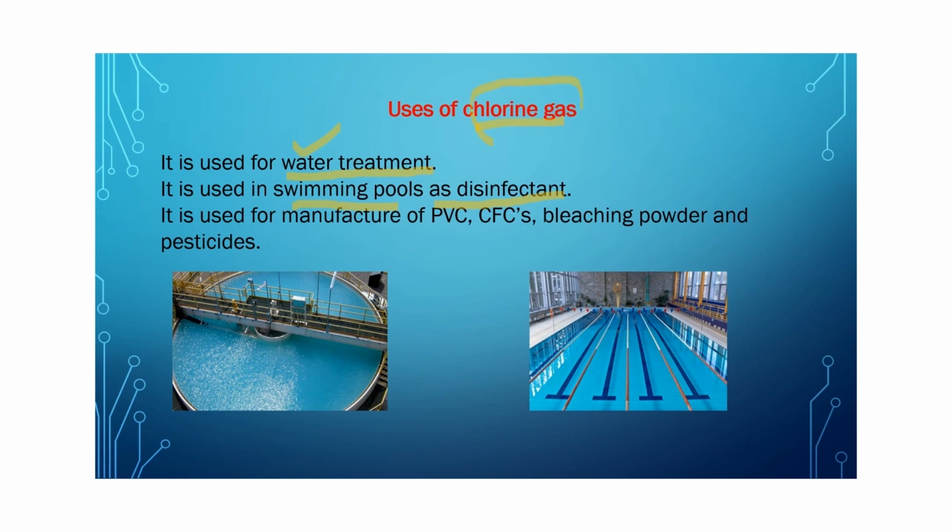Now what does this chlorine gas do? It basically kills the pathogens, the disease causing bacteria present in the drinking water. It is also used in the manufacturing of PVC, polyvinyl chloride, CFC, which means chlorofluorocarbons, bleaching powder, and some pesticides.